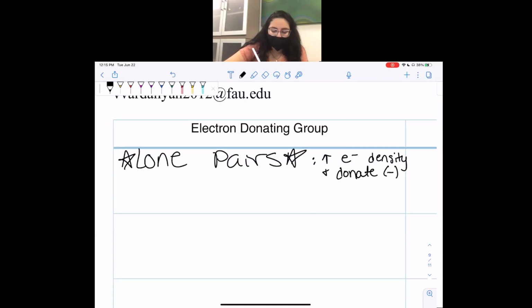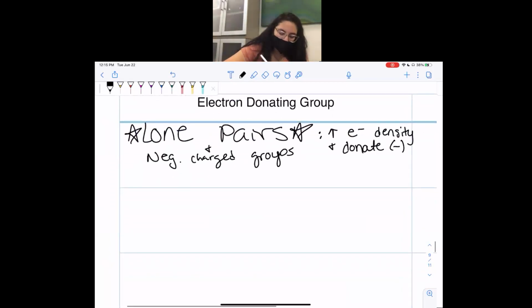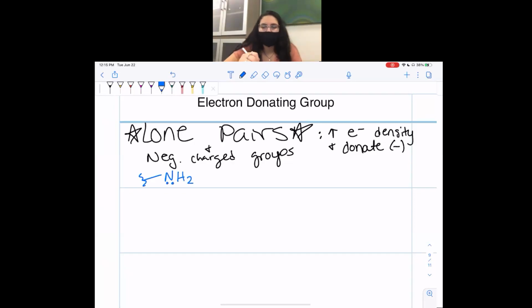And something that goes along with this is negatively charged groups. For example, I'm going to do the examples in blue. We have NH2. NH2 has a lone pair. And just in case anyone doesn't know, this squiggly basically just means this is where it attaches to your chain.